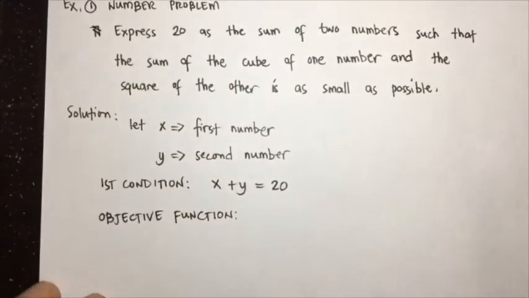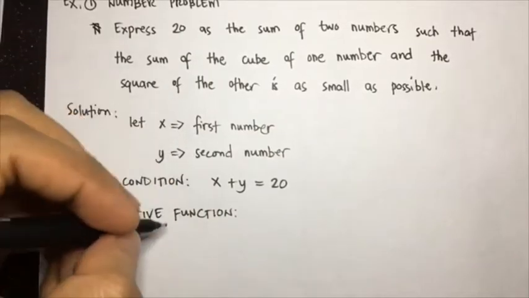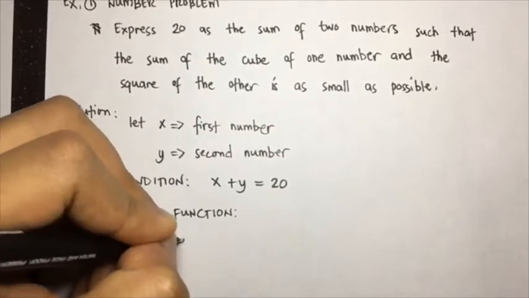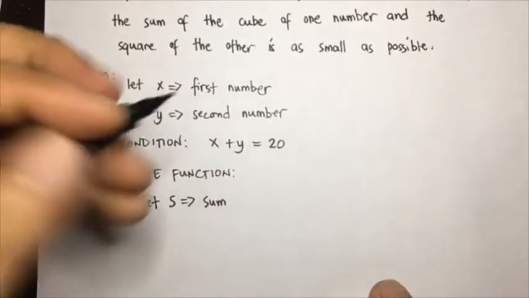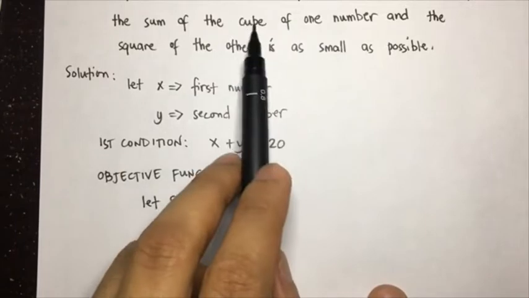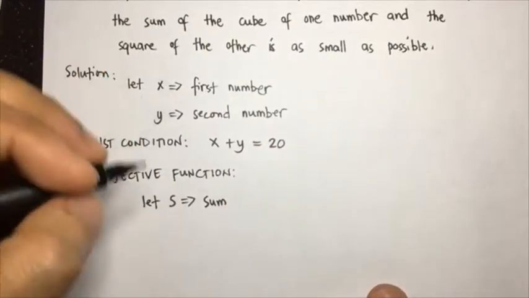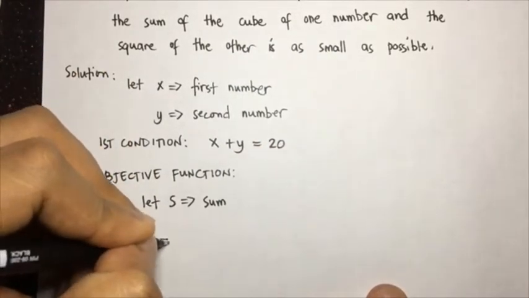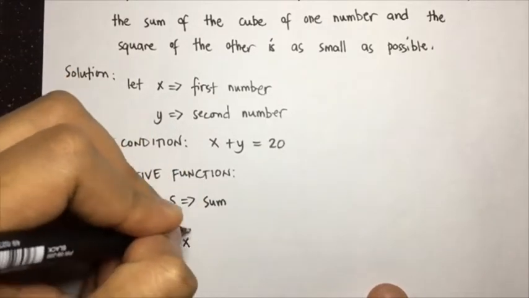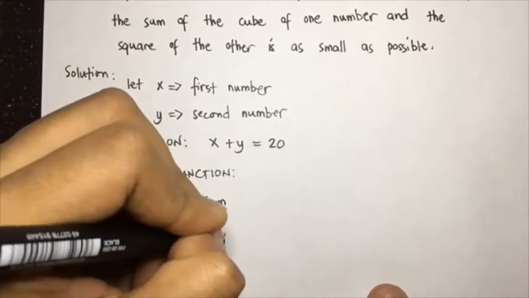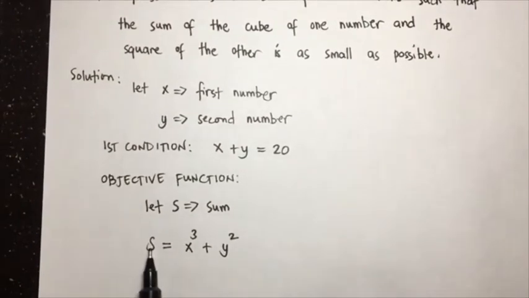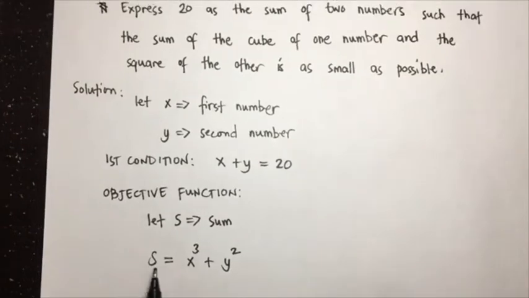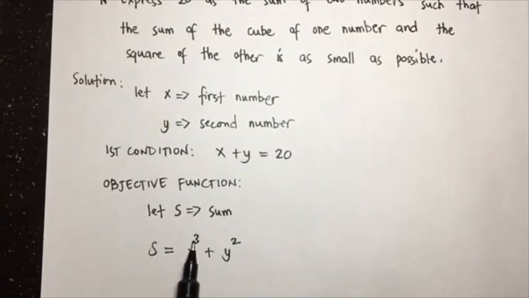For our objective function, since we have here a sum, we can let s be the sum. So s is equal to x cubed plus y squared. This is now the sum that we are going to minimize.